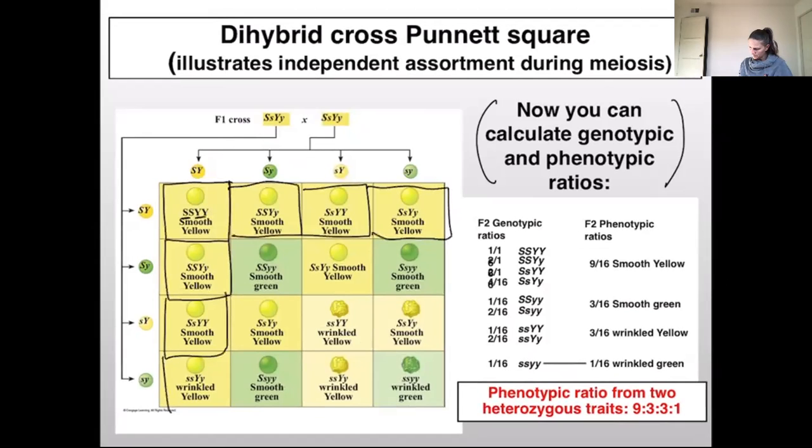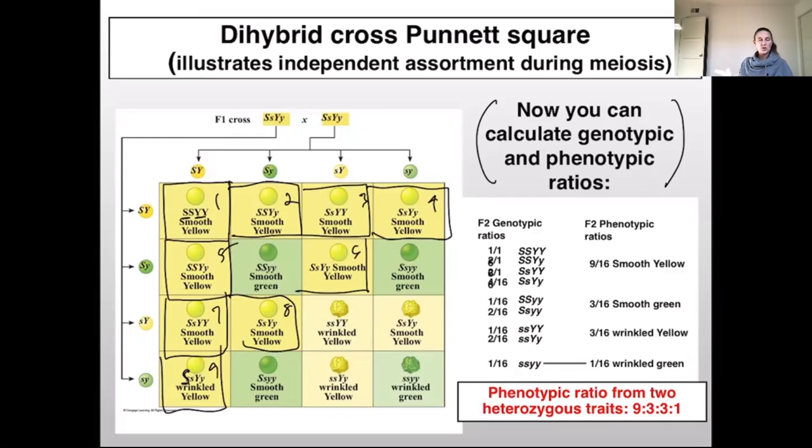Oops, I think I did it. What happened? Sorry. Yellow smooth, yellow smooth. This should be a big S, so that's a typo by the book. I like when that happens. So we have, let's count those up: 1, 2, 3, 4, 5, 6, 7, 8, 9. So we have 9 yellow smooth.